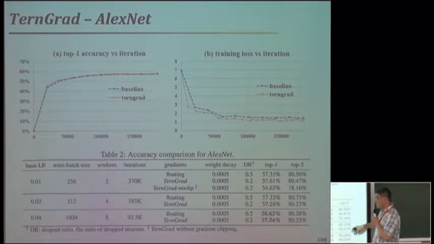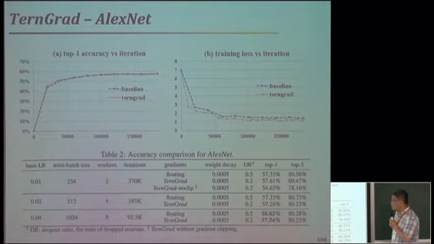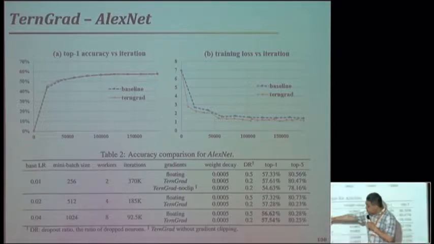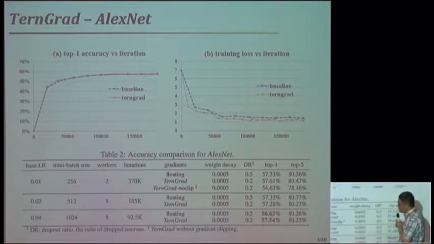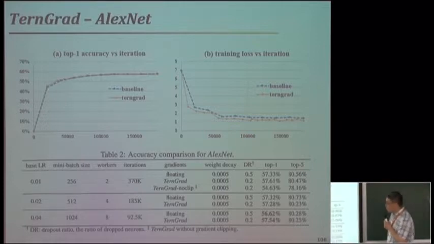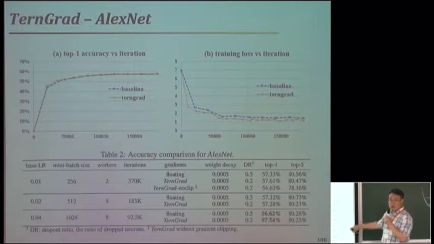In this particular case, that's not the case. And the iteration number keeps reducing if we have more and more workers. It's consistent with the observation we had in the previous slides.